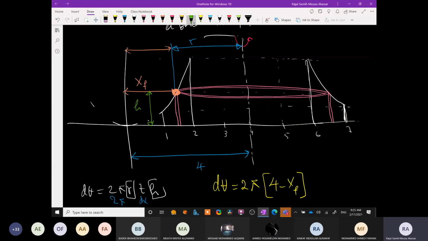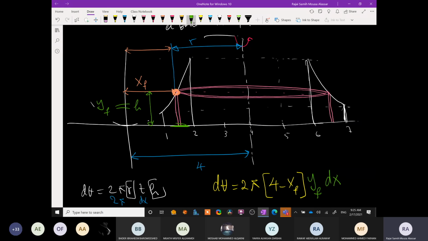You're starting from the x-axis until you hit the function vertically. So this is y of the function, multiplied by dx. Now everything must be read in terms of x.